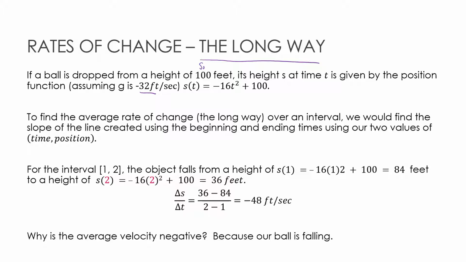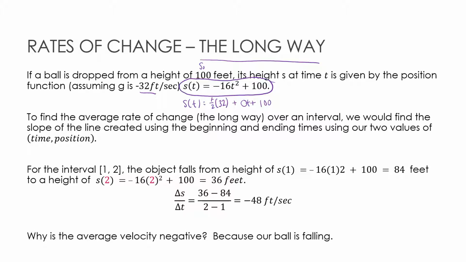Again, g, we're using negative 32 feet per second squared, because essentially what I did is I took 1/2 times 32. Sometimes we put the negative on the 1/2 because it's negative 32 feet per second. You get the idea. The initial velocity was 0, and then the starting height was 100. So that's where that came from.